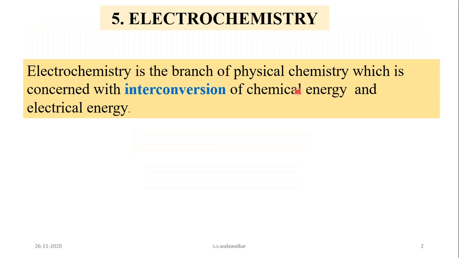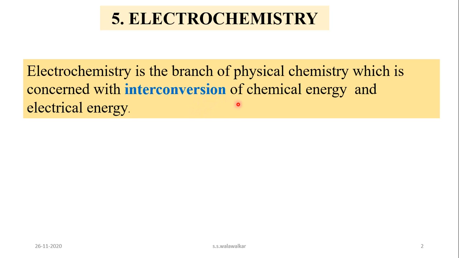So let us see what is meant by electrochemistry. Electrochemistry is the branch of physical chemistry which is concerned with interconversion of chemical energy and electrical energy. That means chemical energy is converted into electrical energy and electrical energy is converted into chemical energy.